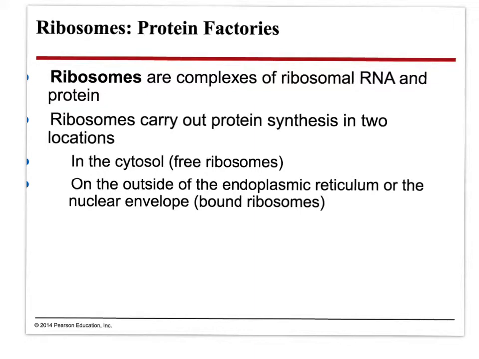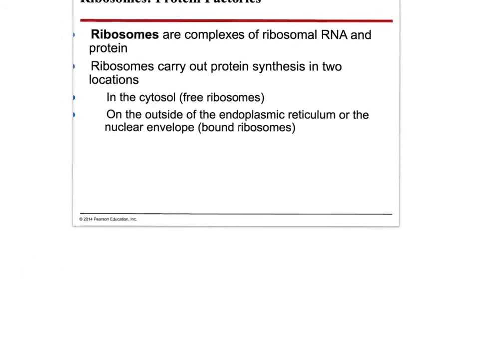All right, the next part of eukaryotic cells, and this is important because all cells have these, are ribosomes. Ribosomes are complexes of ribosomal RNA and protein. They have two subunits, a large subunit we call an 18S, and a smaller subunit we call a 16S.